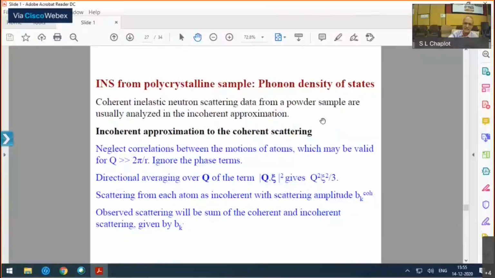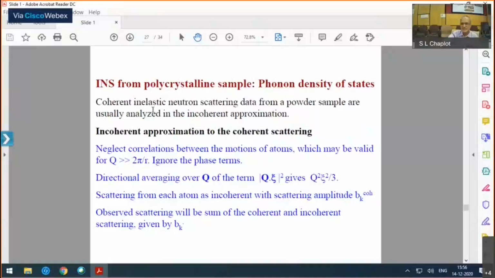For example, even the specific heat is an average over all the phonons. So you need to get the phonon density of states to get the thermodynamic properties. And that is why, even if single crystals are available, we would like to look at the phonon density of states, and that is best done using polycrystalline samples.